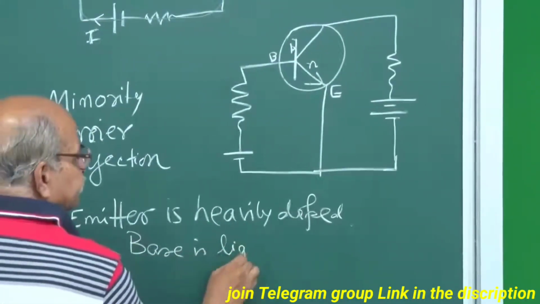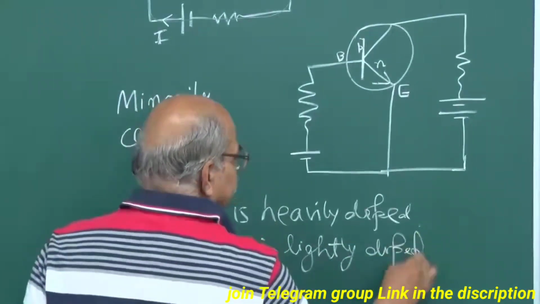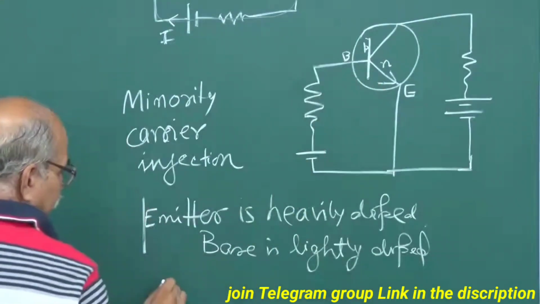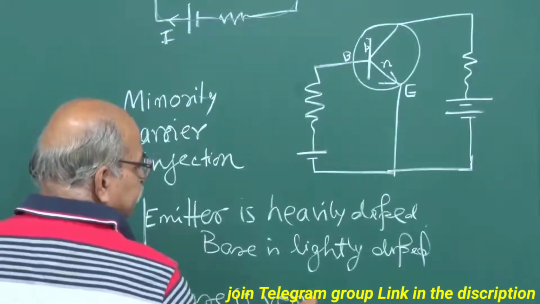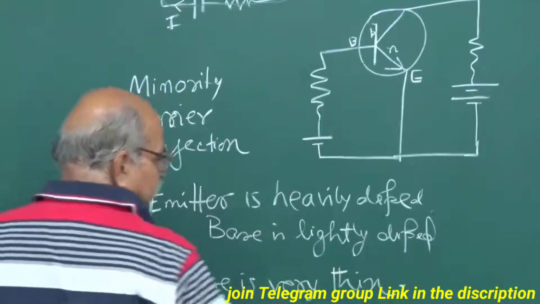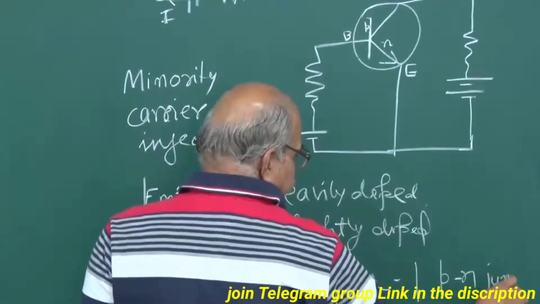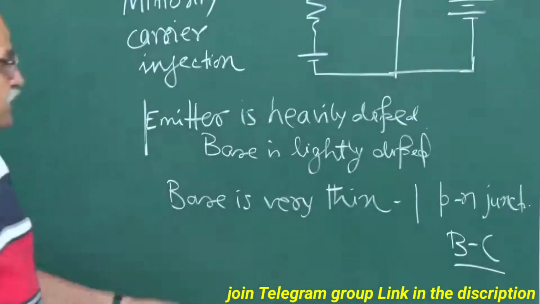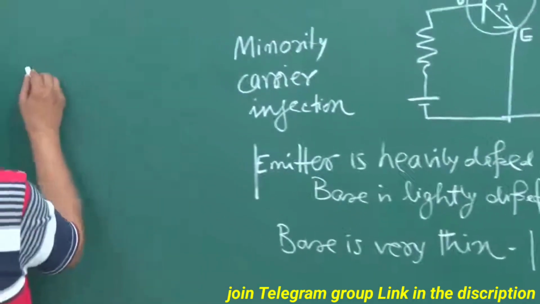This is one thing. And the other thing is this base is very thin, and after that you have another PN junction. Which PN junction? Base collector. Base collector junction is right there.